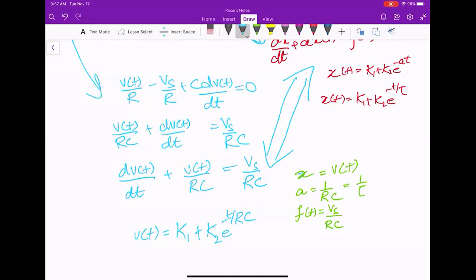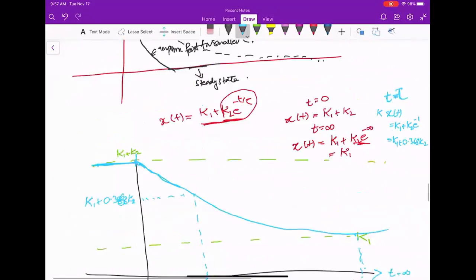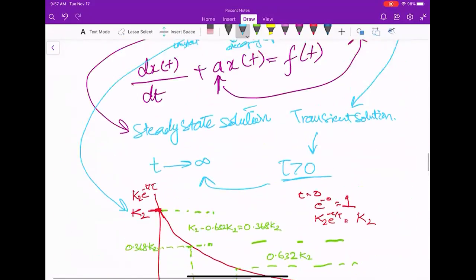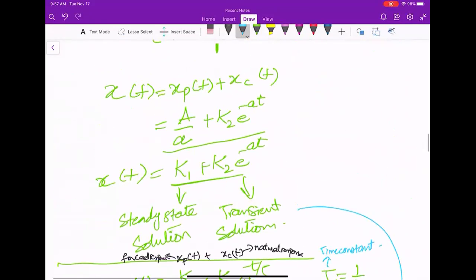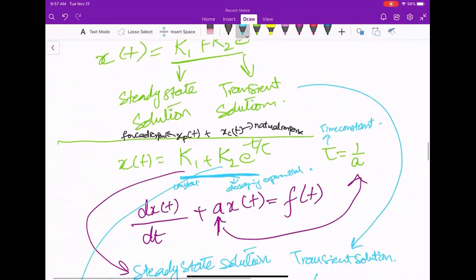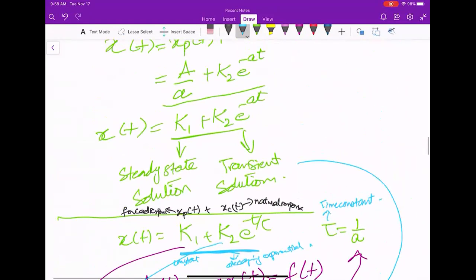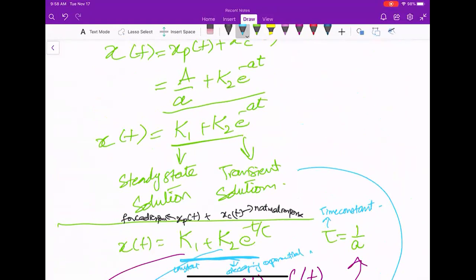I'm a bit confused on how you got A is equal to 1 over RC. Can you explain that again, please? Yeah, let me go back. If you see here, just forget about tau right now. You are good with this equation?